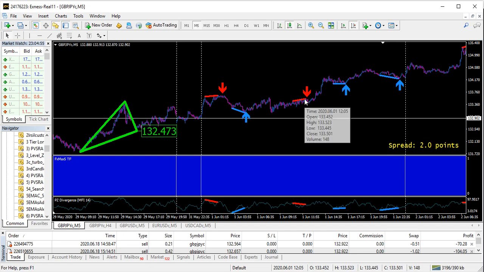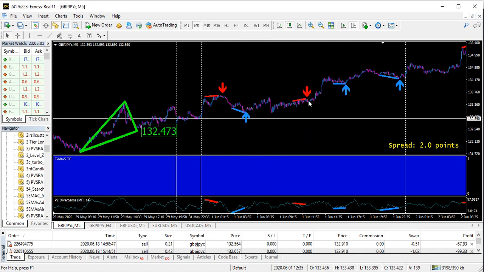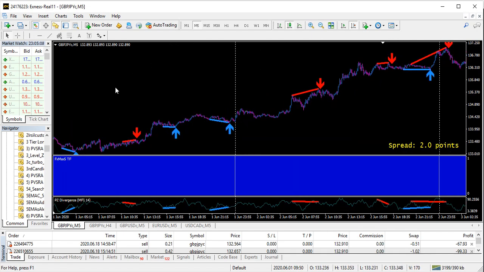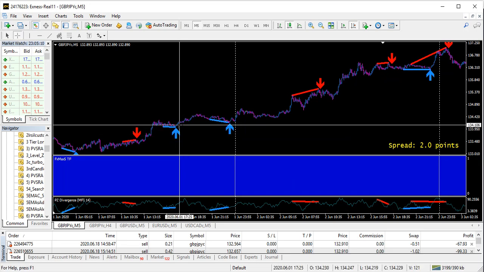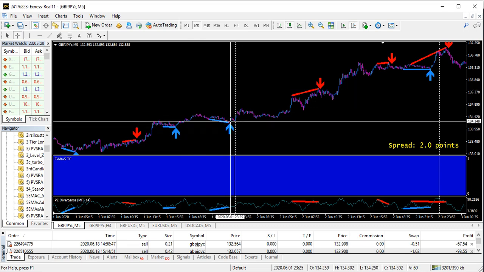You exit when you have the opposite, so you enter about here, and you exit about here, so that's about 30 pips. Then you enter here, and you exit on the next opposite, that's about 120 pips. Okay, you also enter here and you exit here still on the next opposite arrow, that's where you exit.